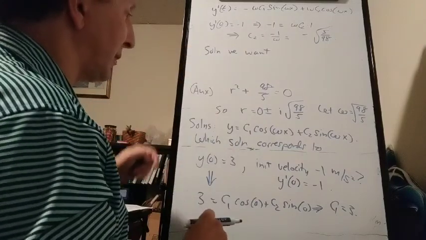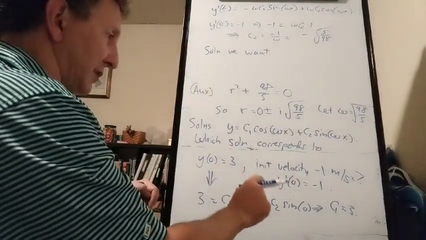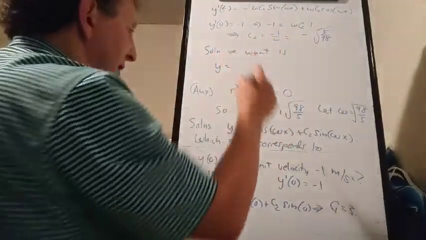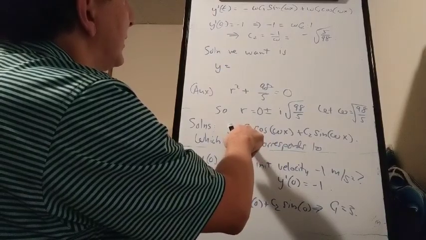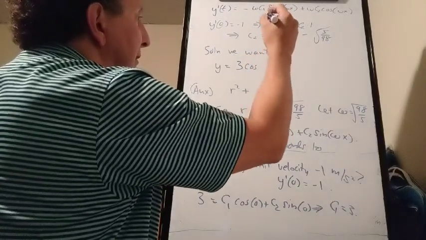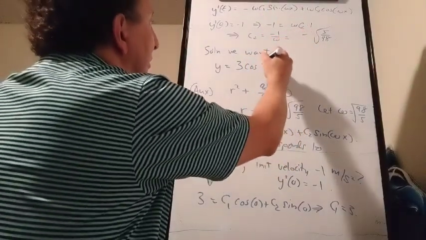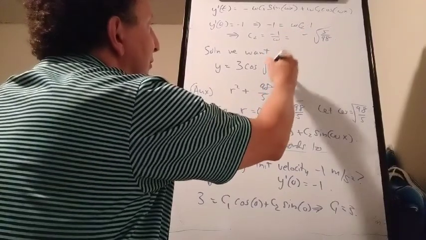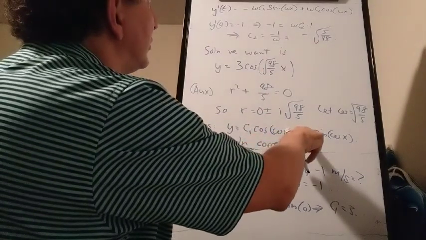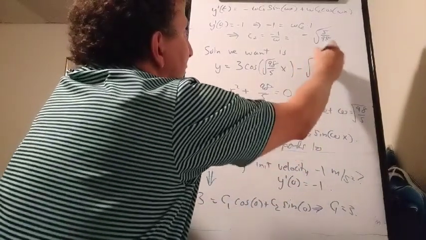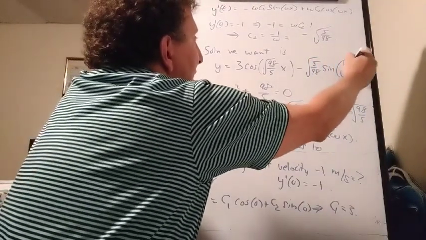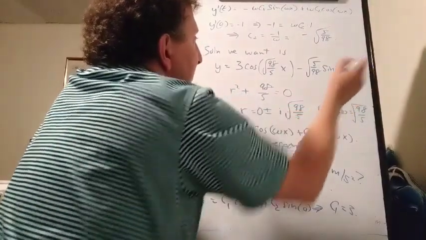So the one we want, which corresponds to initial position of 3 and initial velocity of negative 1, is y equals, c1 is 3, cosine of square root of 98 over 5 x. c2 is minus square root of 5 over 98 sine of square root of 98 over 5 x.